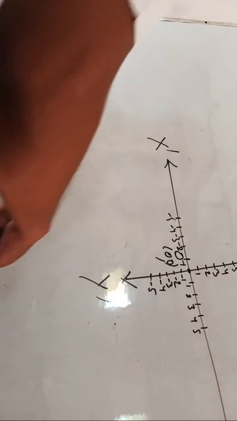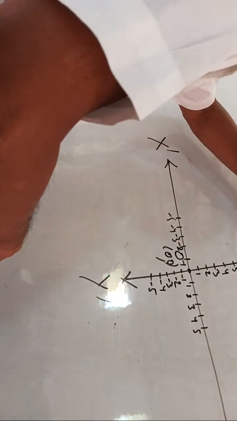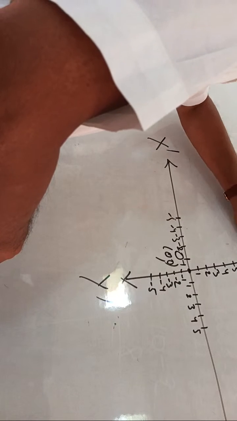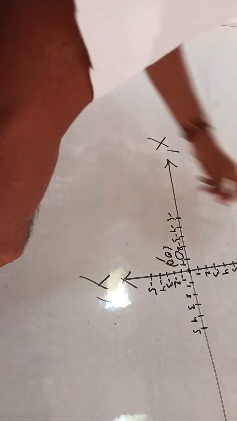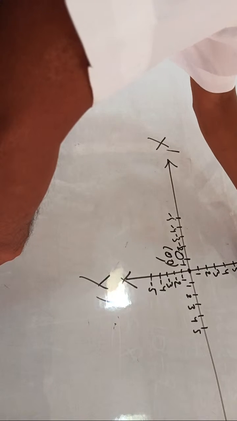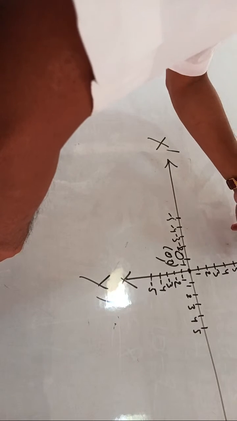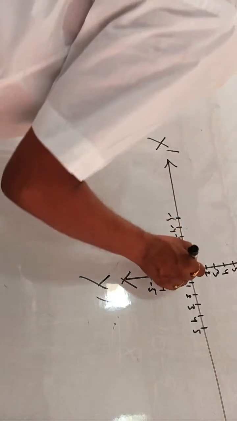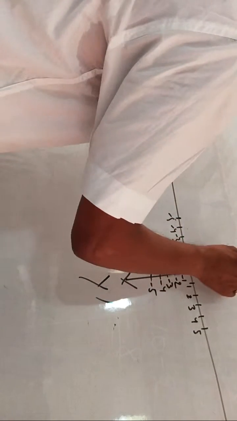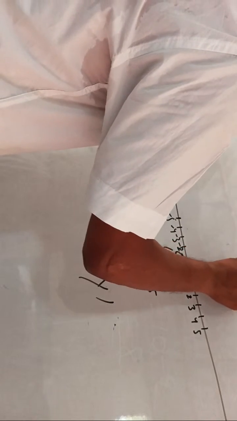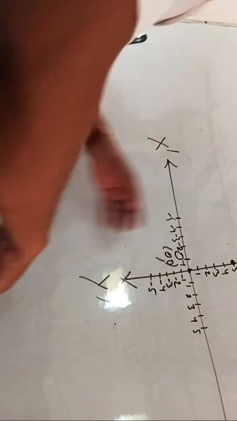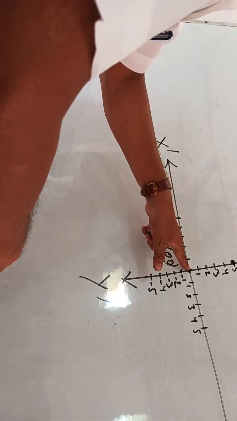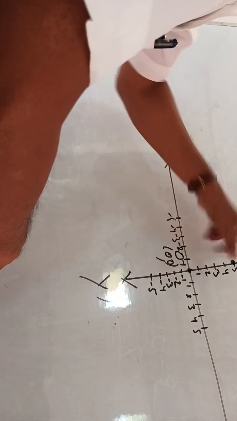The first point is 0, 5. It means on the x-axis the value is 0, and on the y-axis, the vertical axis, the value is 5. So you take 0 and 5. This point is 0, 5. The value of x is 0 here, and the value of y is 5 here.